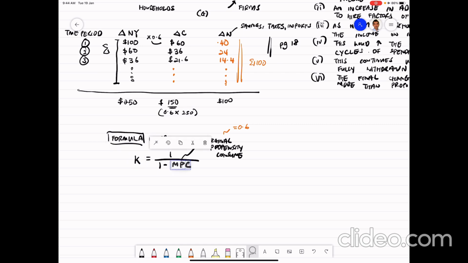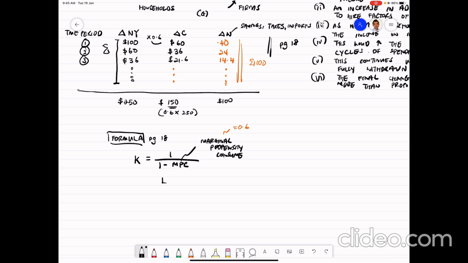Larger MPC is, smaller 1 minus MPC is, larger this is. In English it means if I'm going to be spending a lot of my income on consumption, then there's going to be more cycles of spending and respending.